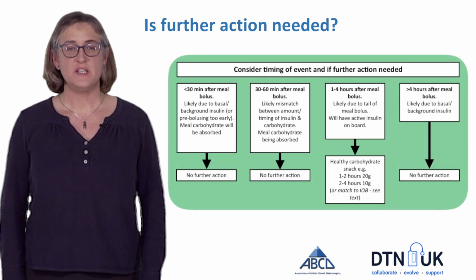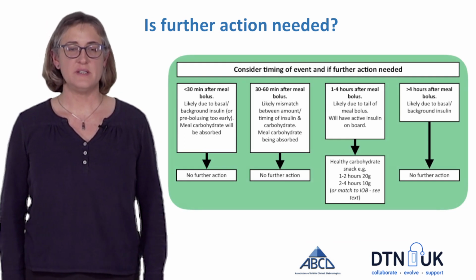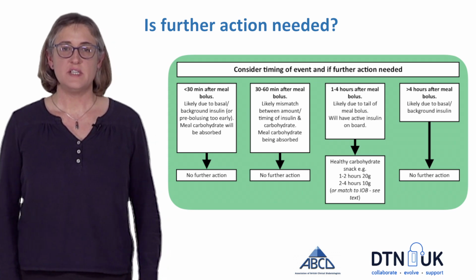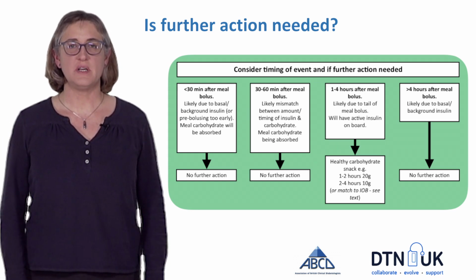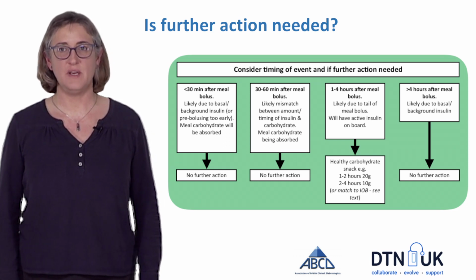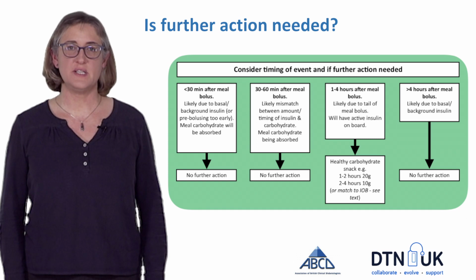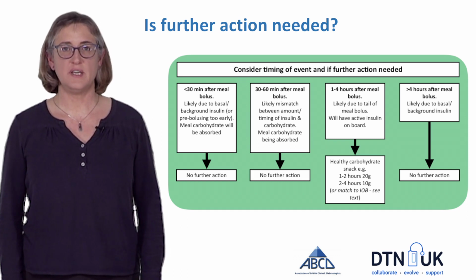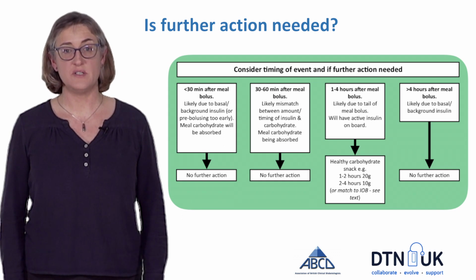Once you've treated or avoided your hypoglycemia, it's important to think about whether you need to do anything else right now. And this is particularly important in pregnancy because a lot of hypos in pregnancy are due to the tail end of the meal bolus, because you need to give such high mealtime doses to get the 1 hour glucose in target.